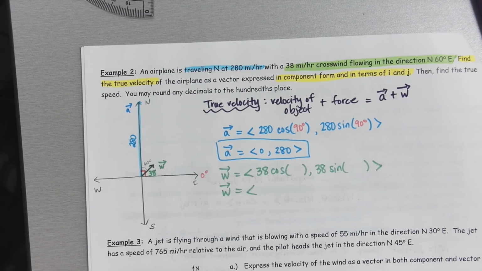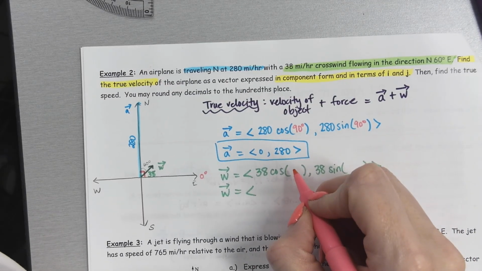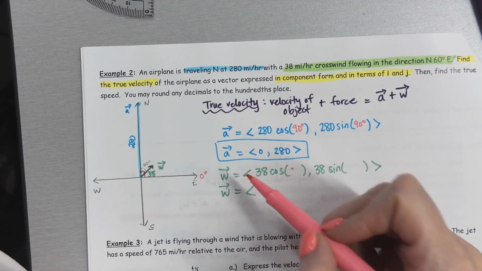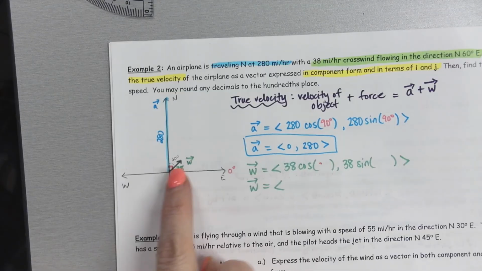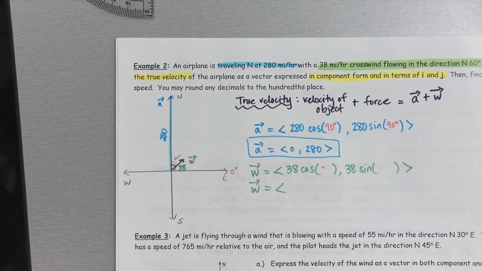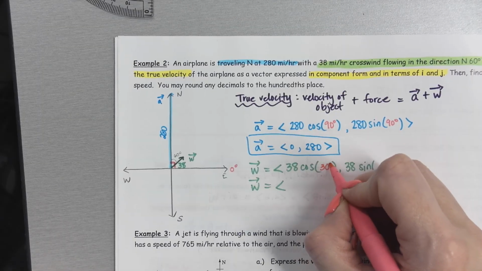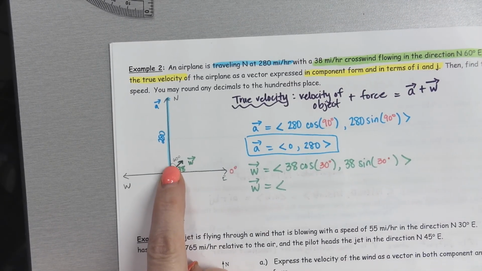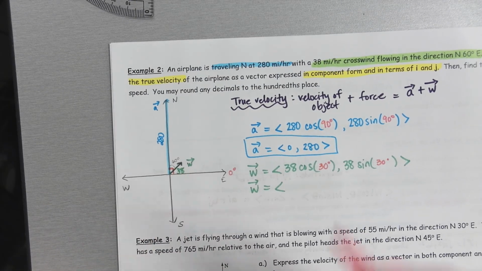All right. And then, Kinley, what'd you get for the angle for the wind? So if 38 is the magnitude, and if this is 60, this angle here is going to be what? All right, so if this part is 60, then 60 and 30 is what would add up to 90.